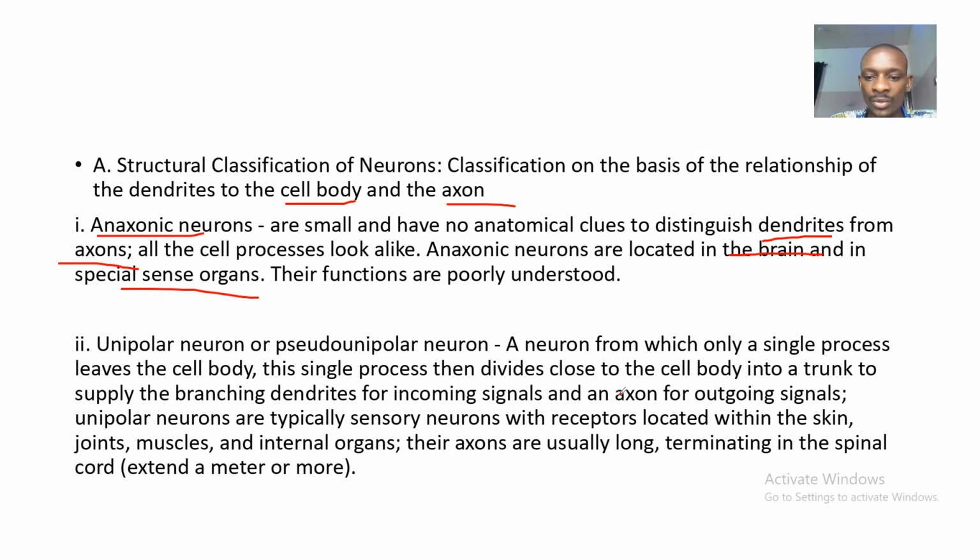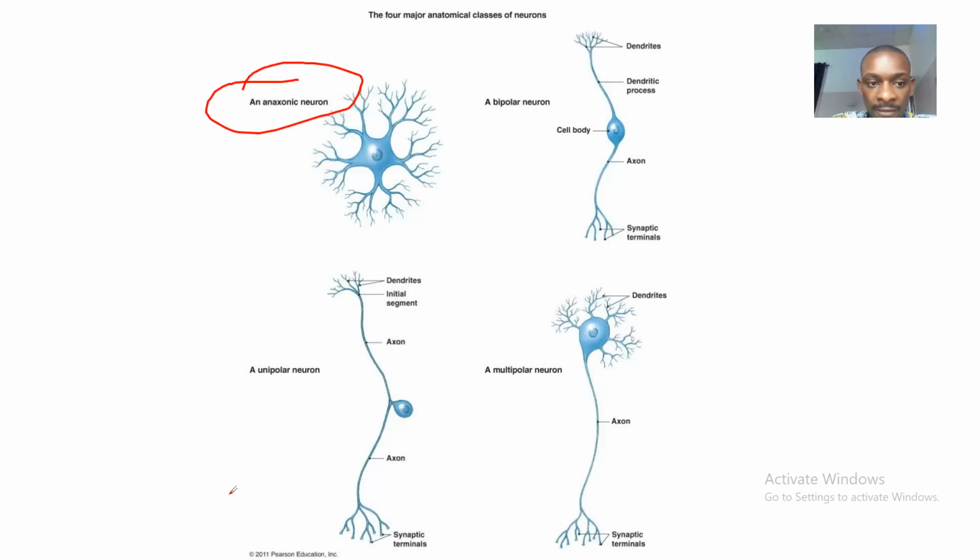So we said that the pseudo-unipolar has only one process, with a cell body in the middle, and this single process divides close to the cell body into the trunk to supply the branching dendrite for incoming signals and an axon for outgoing signals. And the unipolar neurons are typically sensory neurons, with the receptors located within the skin, joints, muscles, and internal organs. And their axons are usually long, terminating in the spinal cord.